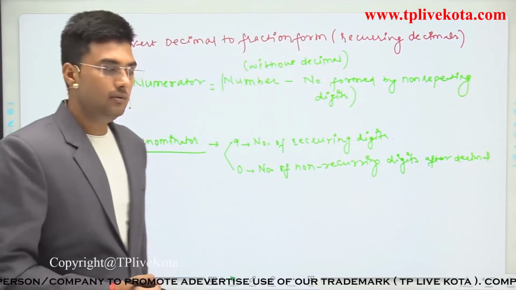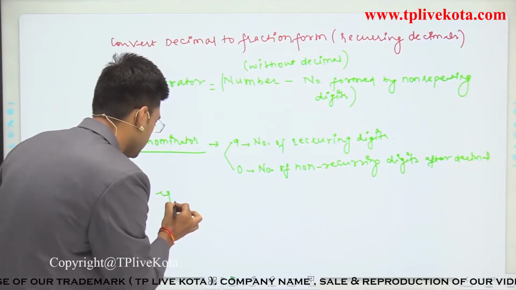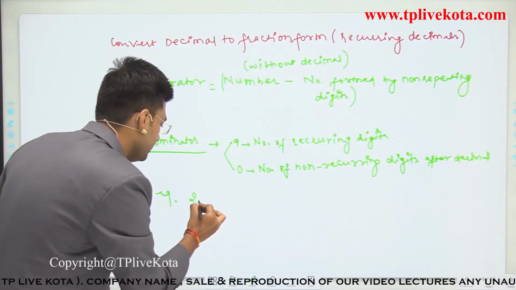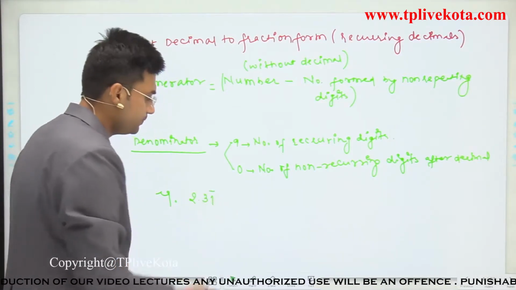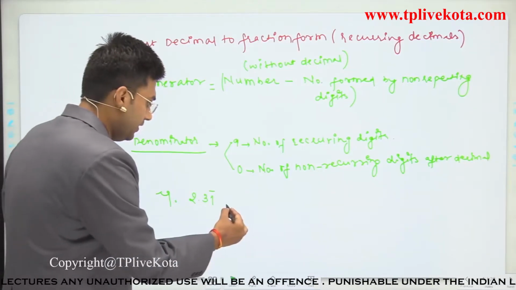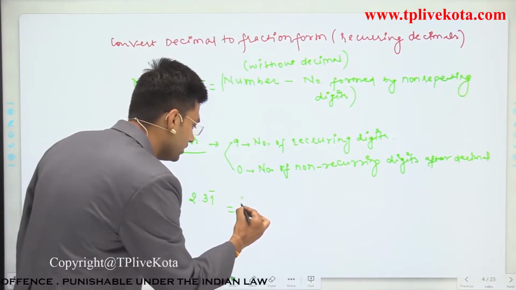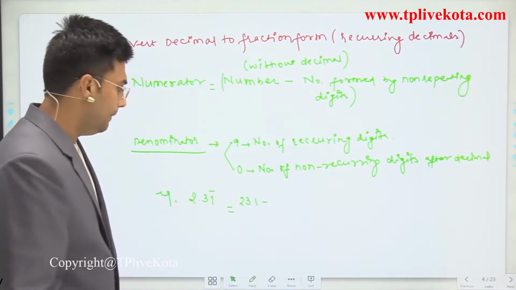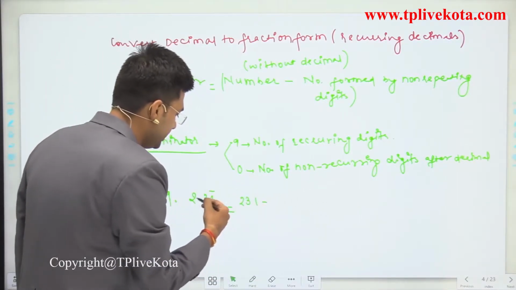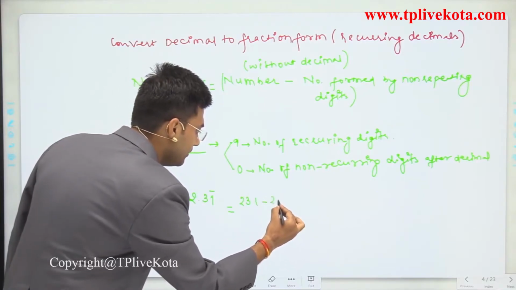Okay, now let's discuss one example. We have to find the fractional form of 2.31 bar. So we have to find the numerator first. The numerator is equal to the complete number without decimal minus the number formed by non-repeating digits, that are 2 and 3.